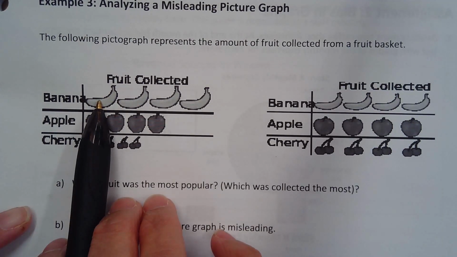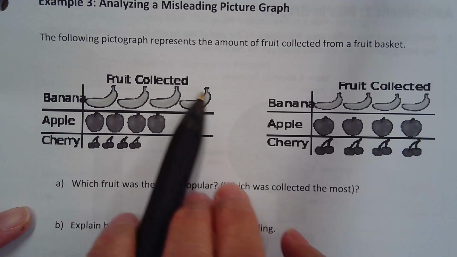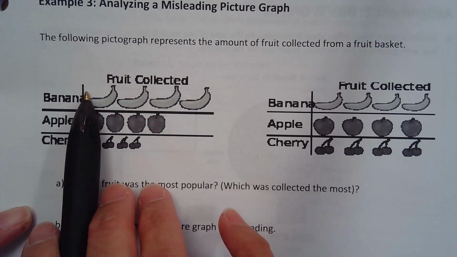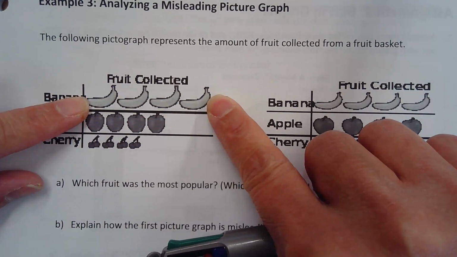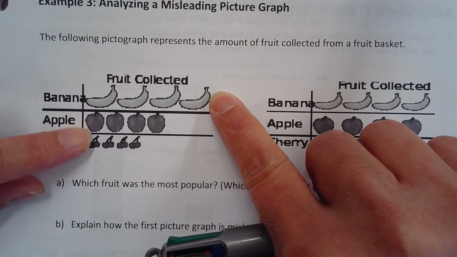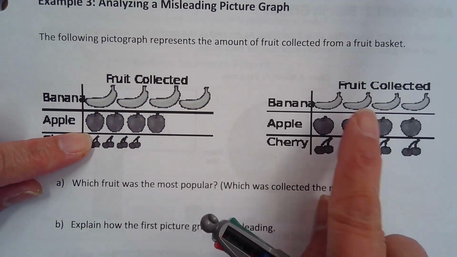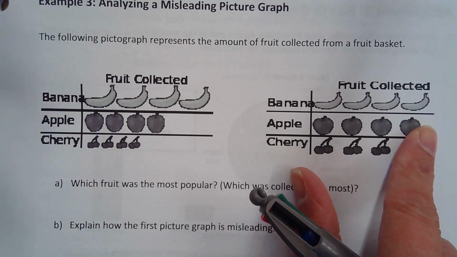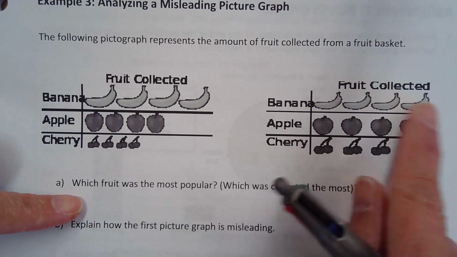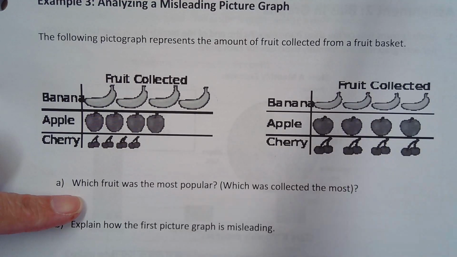Just by looking at this one here, it looks like the bananas have the most, right? Because it takes up that much space. But in reality, they're all the same. If we make the pictures all the same size, they're all 4, they're all equal.